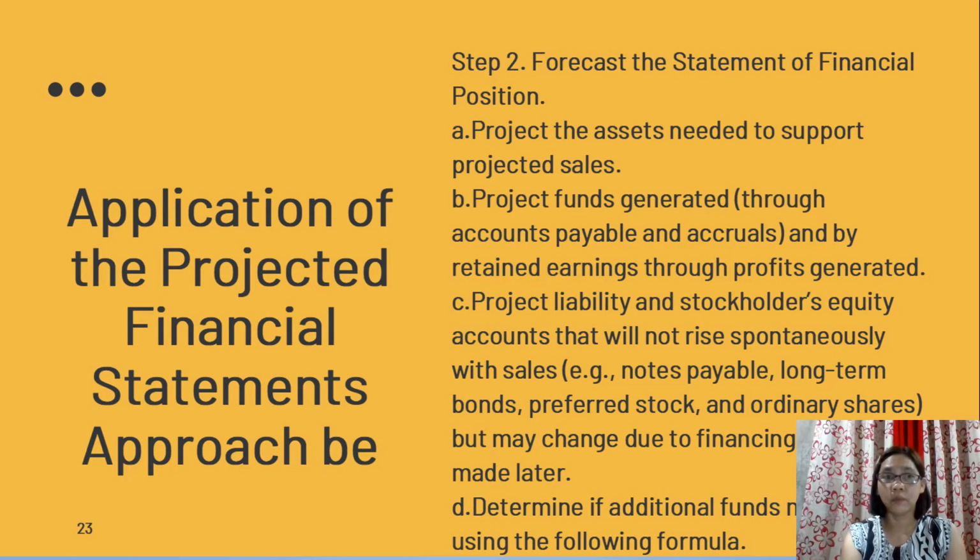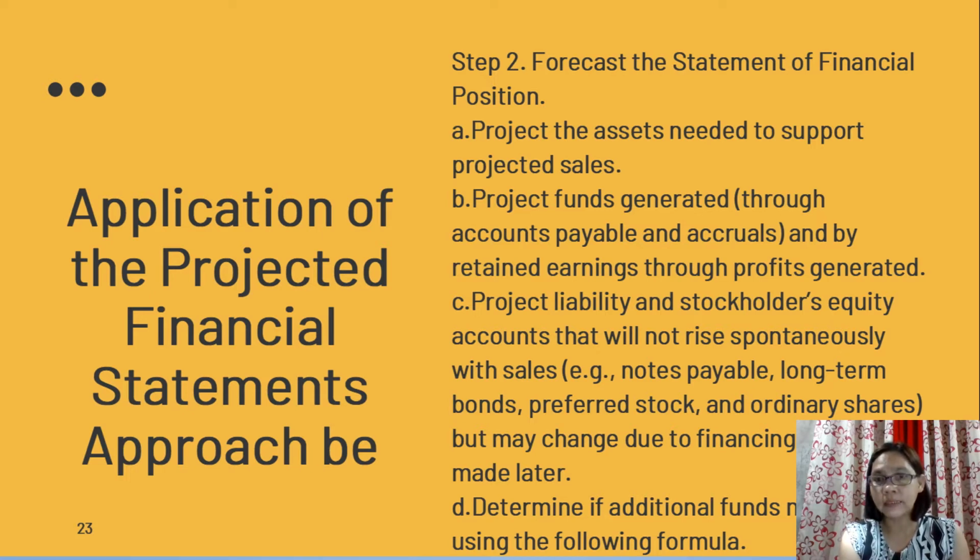Step number 2, forecast the statement of financial position. Project the assets needed to support projected sales. Project funds generated through accounts payable and accruals, and by retained earnings through profits generated.